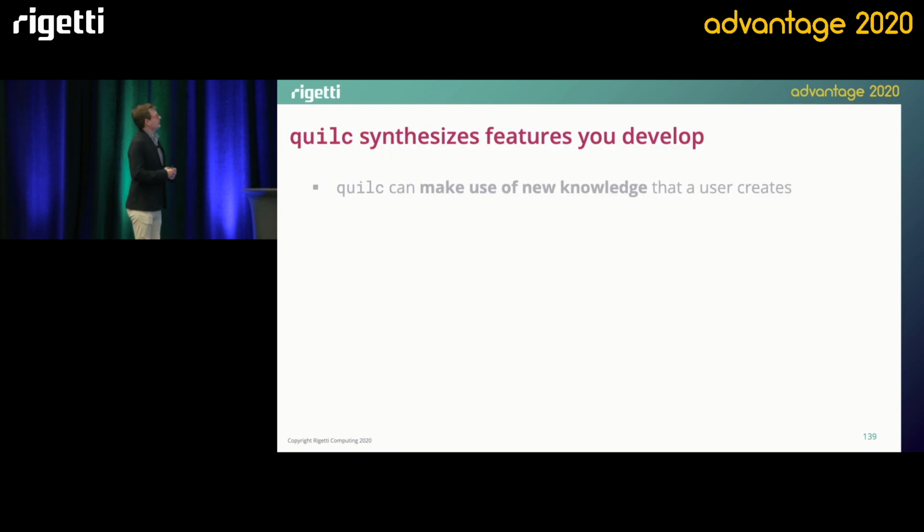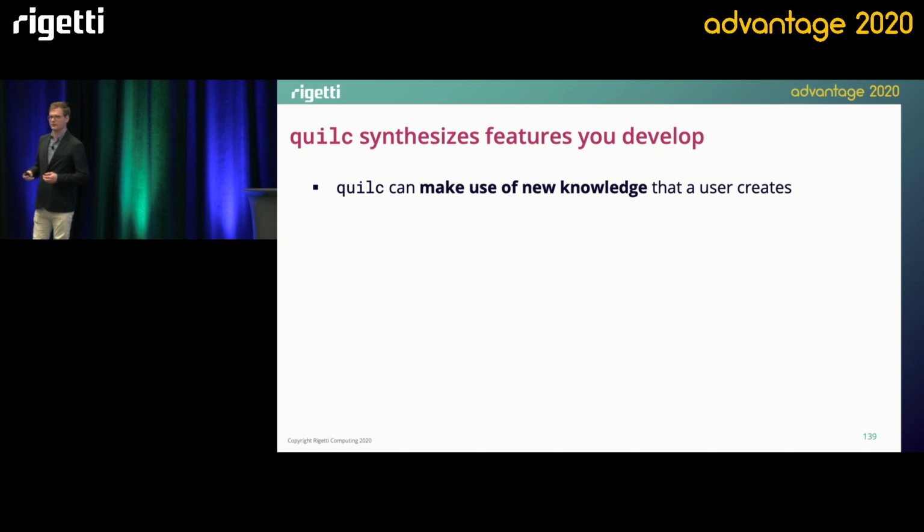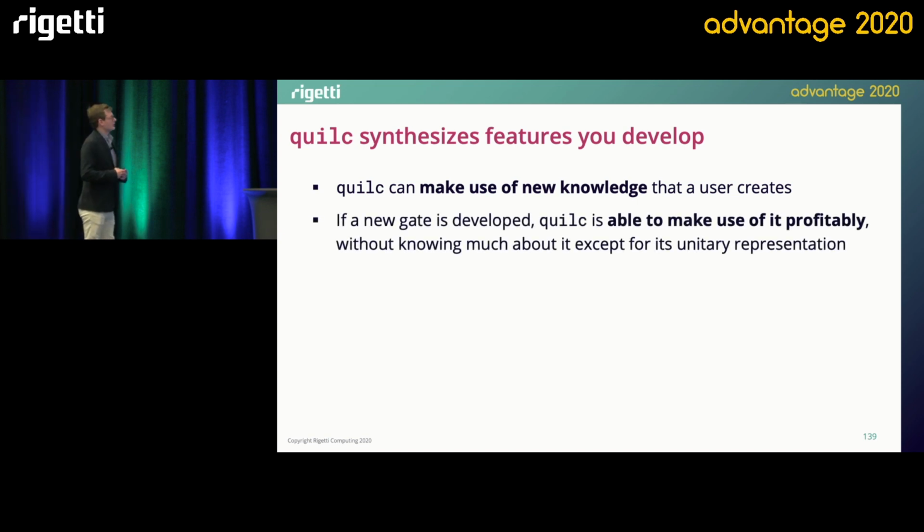So when you've written a new feature, or a new gate, a new interaction, what have you, Quilc is able to use this information profitably. If you teach Quilc about the thing that you developed, that you tuned, maybe you had fun over the weekend scanning over every frequency and you found just the right one.